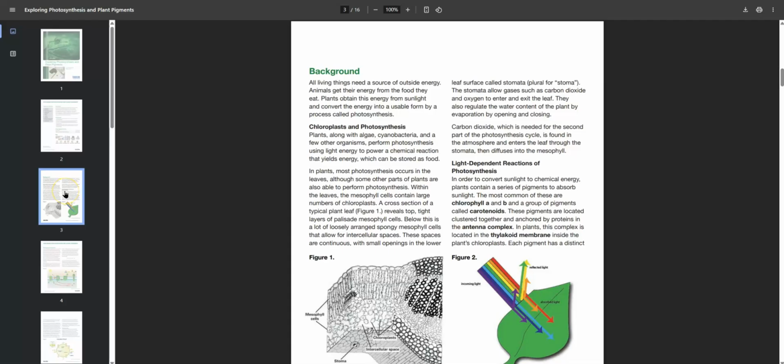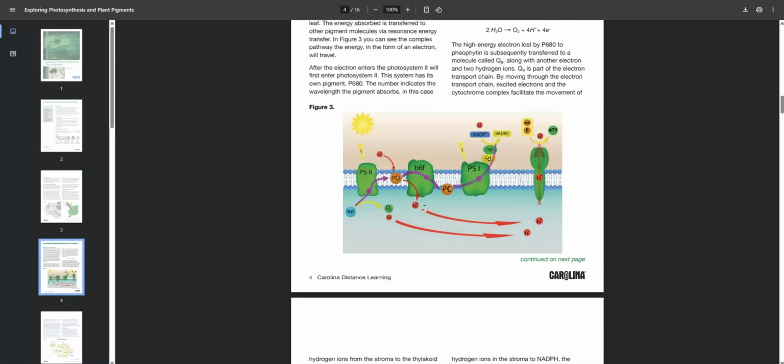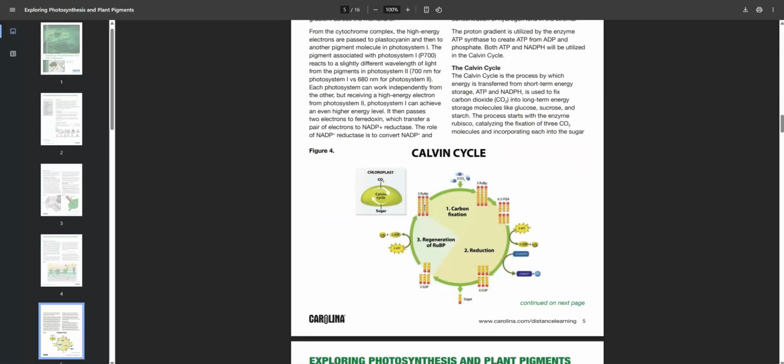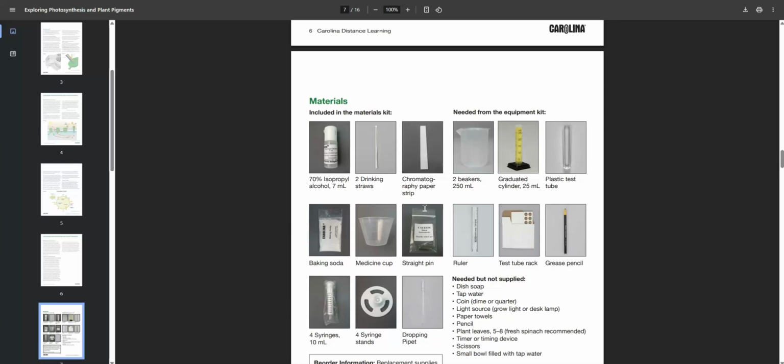So you should have already read like chapters 7 and 8, which talks about photosynthesis and fermentation, light reactions, dark reactions. But there's also videos in the class announcements as well. So here's your background information, talking about the Calvin cycle, and then talking about chromatography.